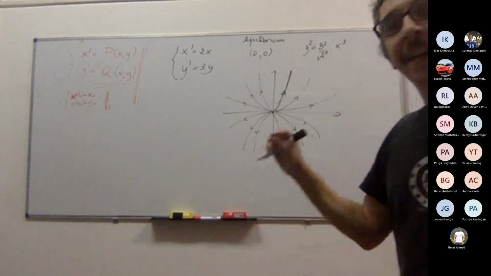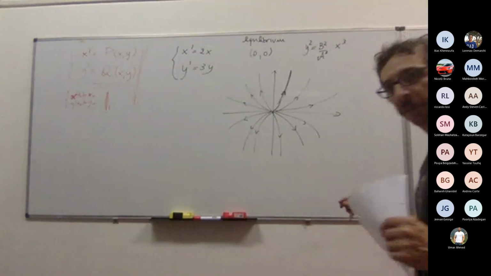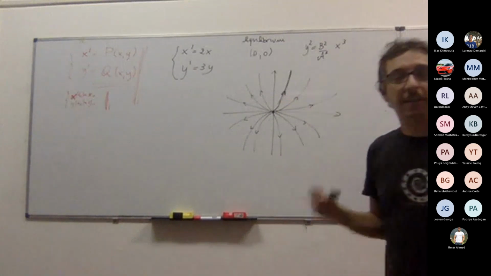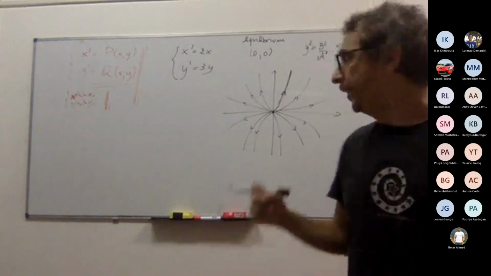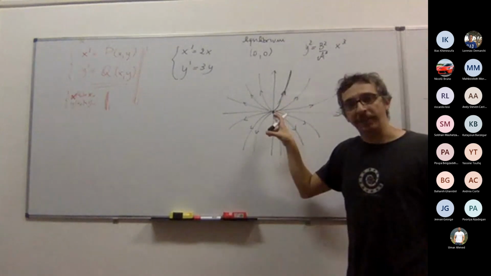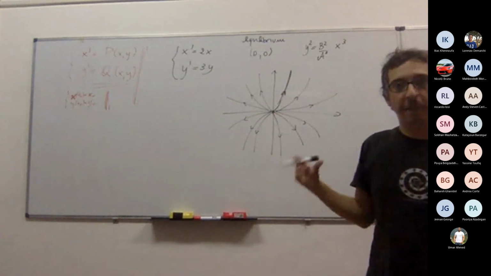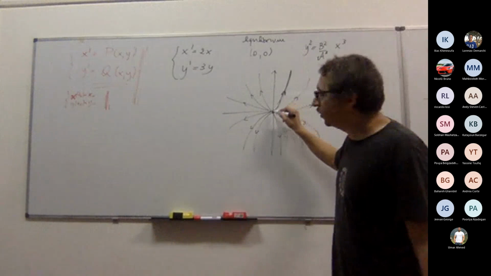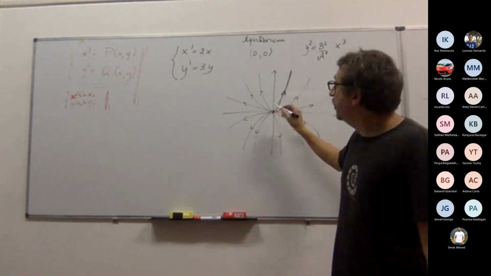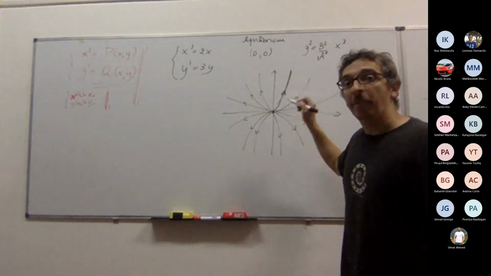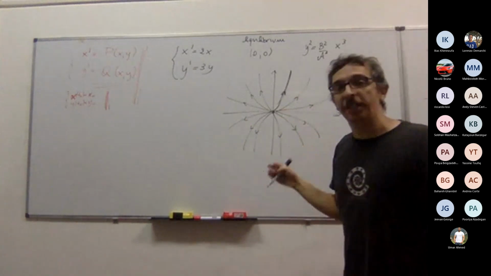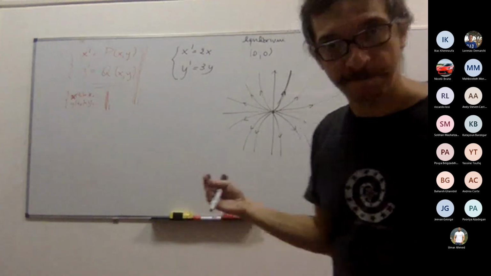You know why? Again, for the uniqueness theorem. Because the point here in the middle is a critical point, and I cannot have an orbit which is passing through a critical point because of the uniqueness theorem. Right? So all these curves depart from the critical point, but they are only arriving at the critical point for t going to minus infinity.